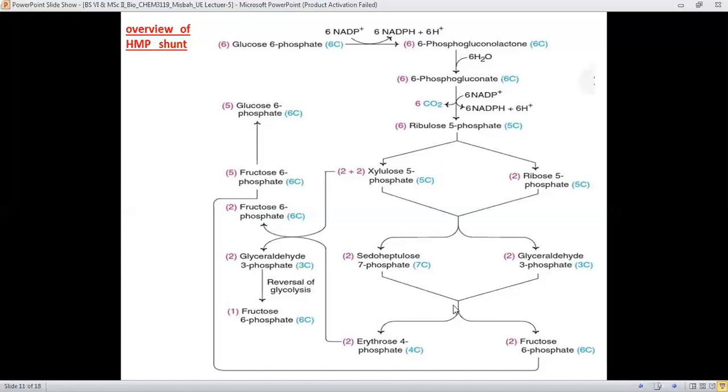Again there is transfer of the carbon to yield 4 carbon and 6 carbon units.